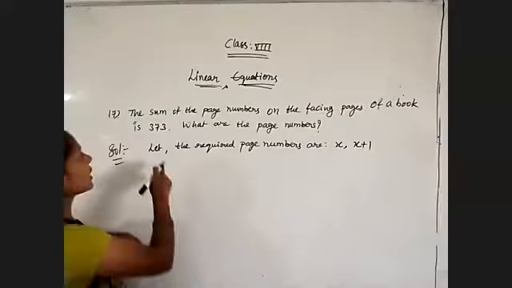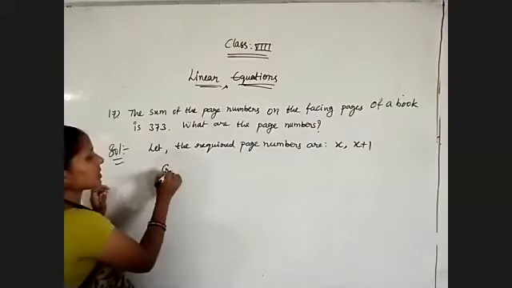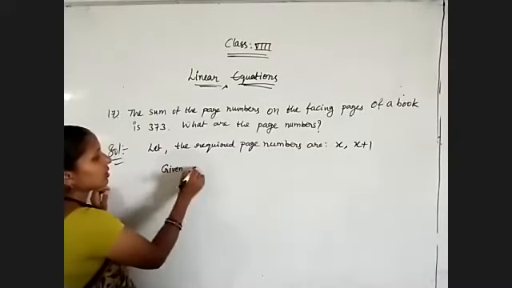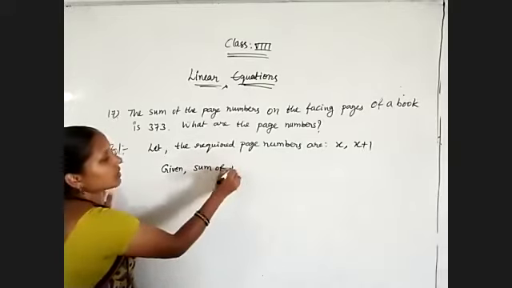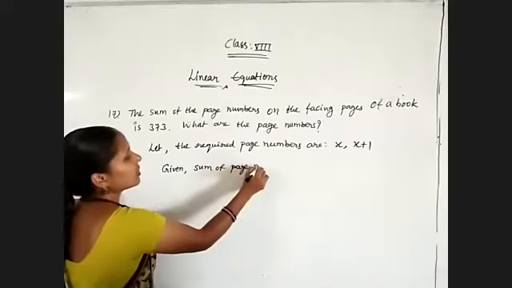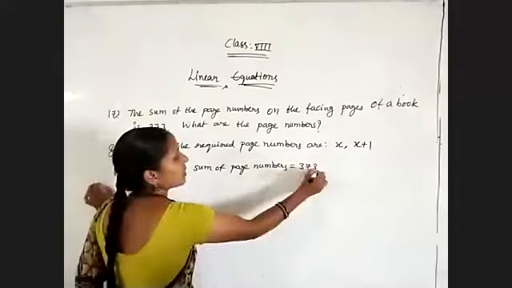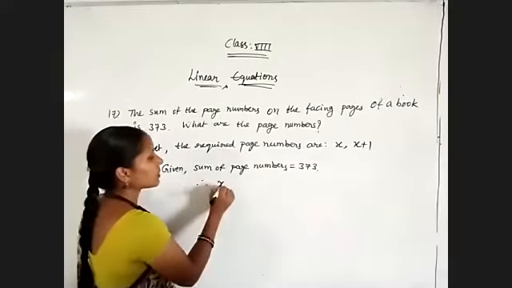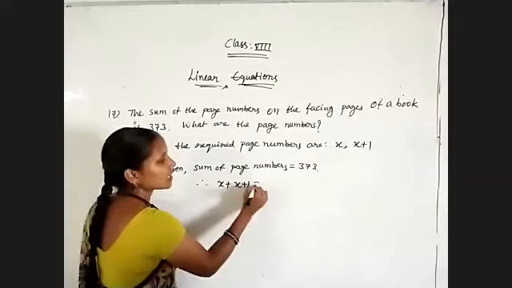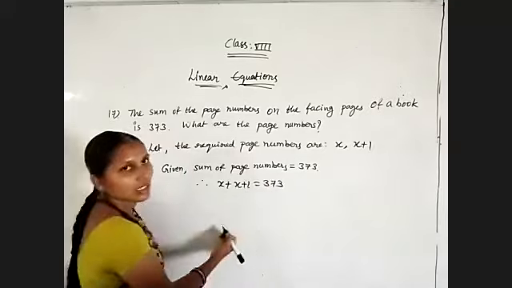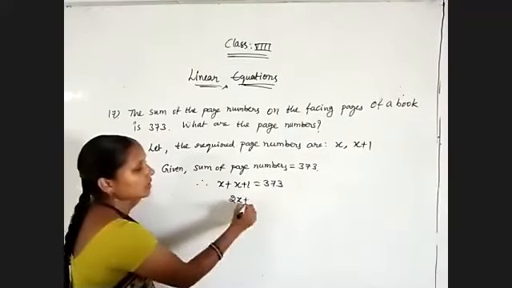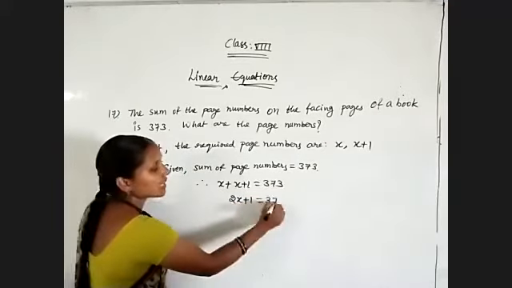Now given that the sum of the page numbers is equal to 373. That means x plus x plus 1 is equal to 373. So 2x plus 1 is equal to 373.